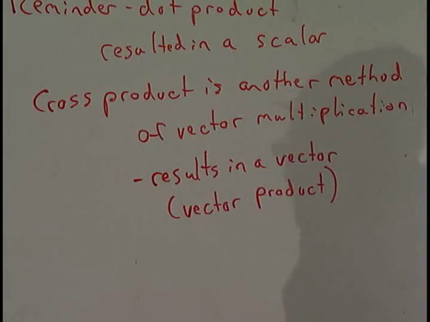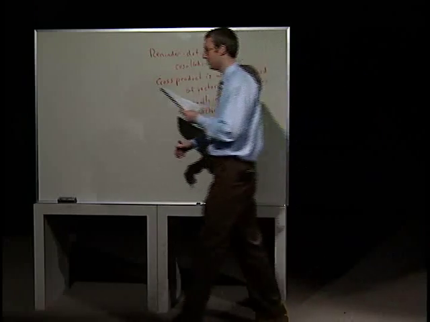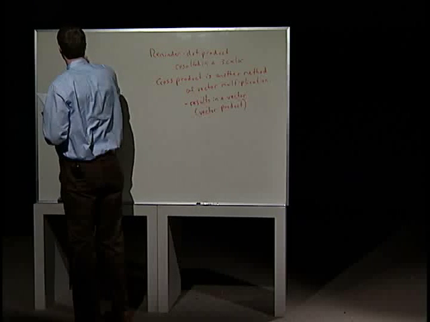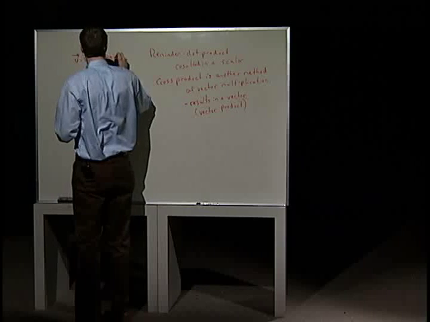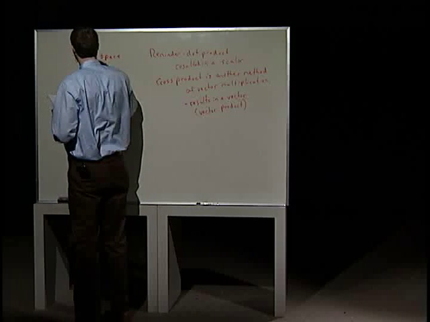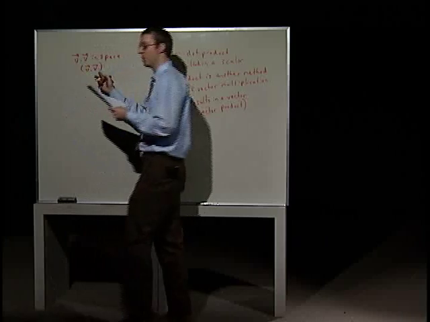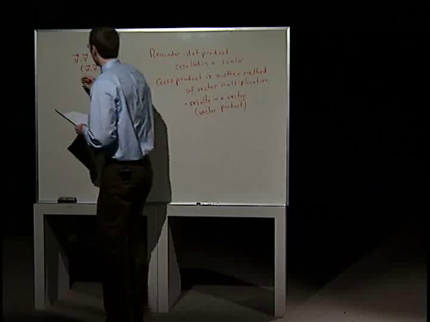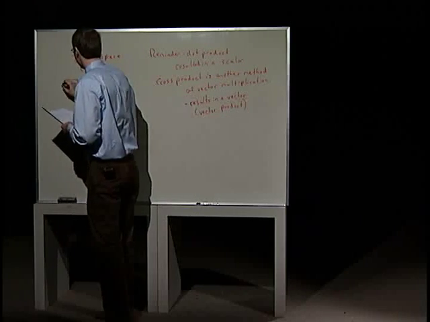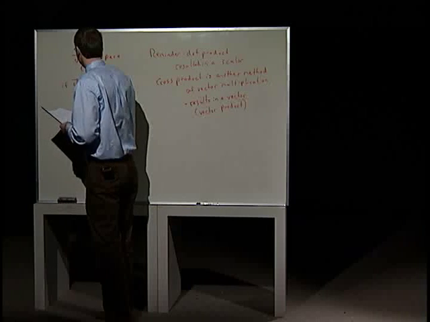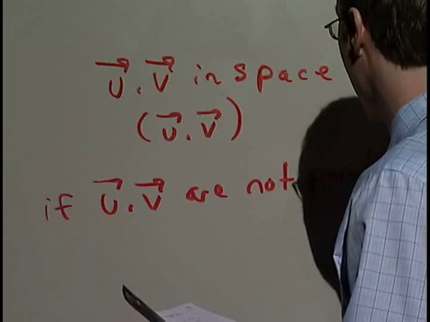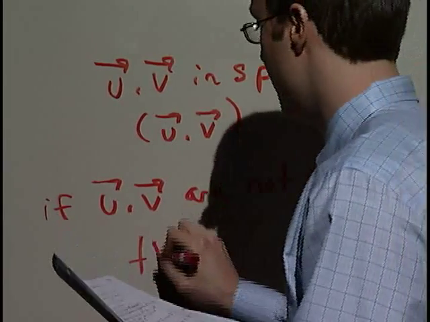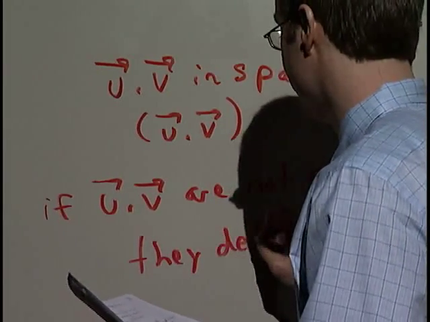Okay? Okay, here's how it goes. So two vectors u, v in space, both non-zero. We're going to see in the next section that if u and v are not parallel, then they will determine a plane.